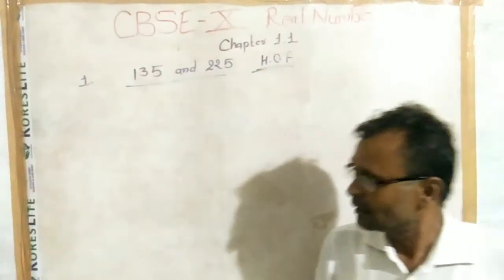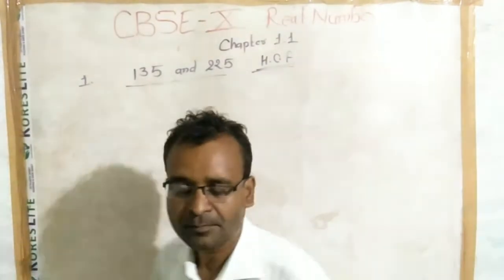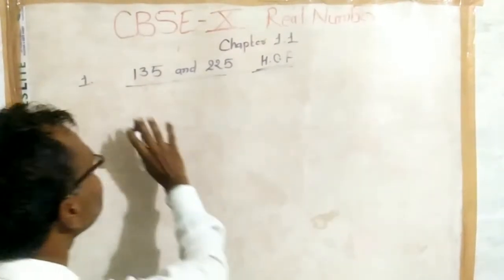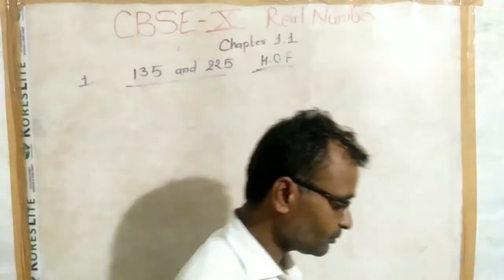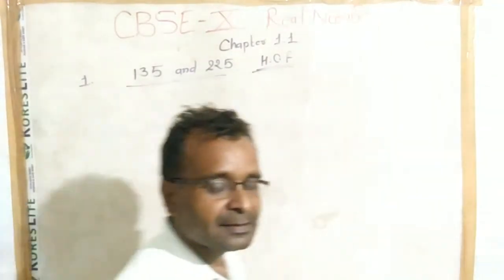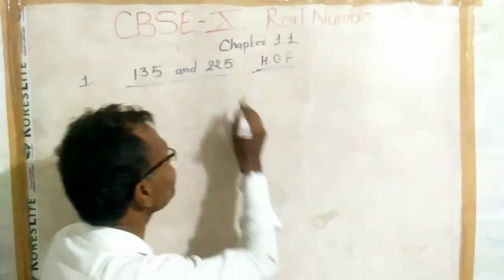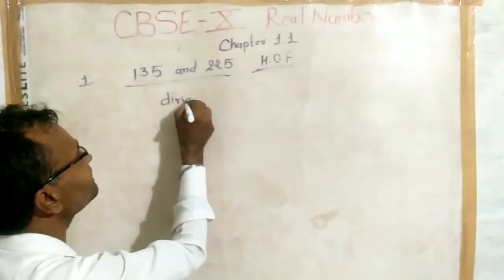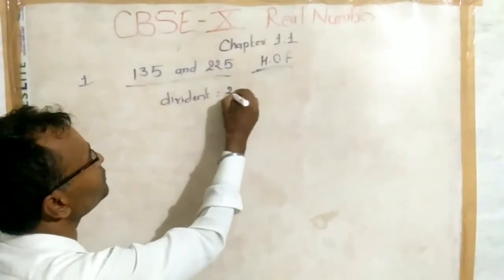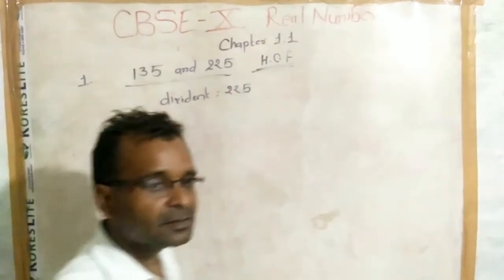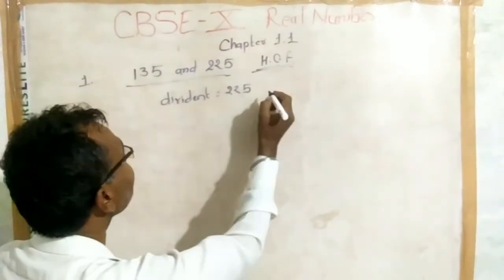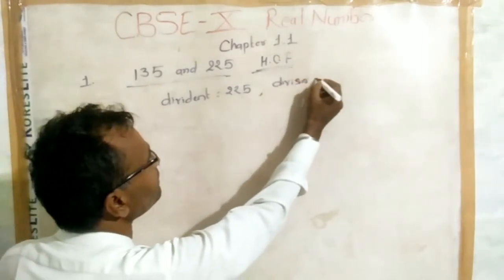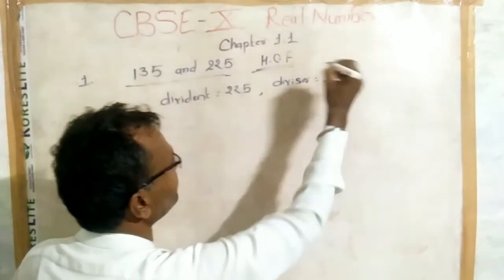So before solving the problem, what we have to do is take the greatest number as dividend. 225 is the greatest number, so we have taken 225 as the dividend, and the smaller one will be the divisor.